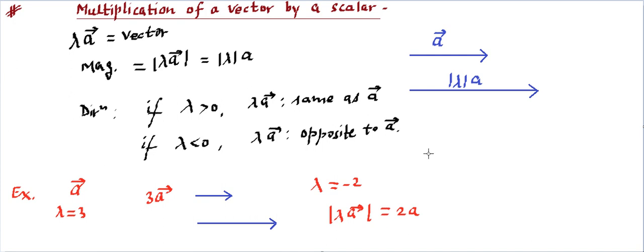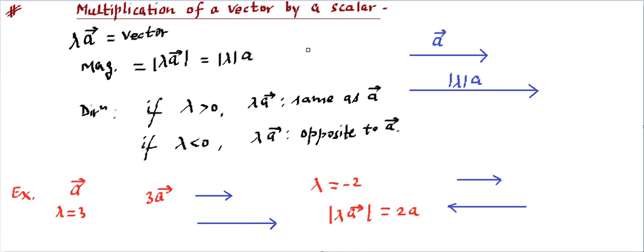However, in the second case, if this was indicating vector a initially, then the lambda a vector will be indicated like this. It will again be a vector, but in the opposite direction because of the -2 factor, and its length will be twice that of a.